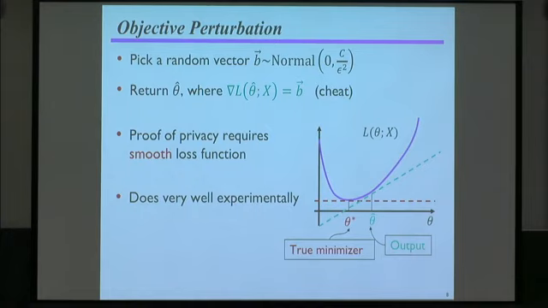I'm cheating by ignoring one additional requirement. In order for this algorithm to be differentially private, the loss function can't just be any convex function.